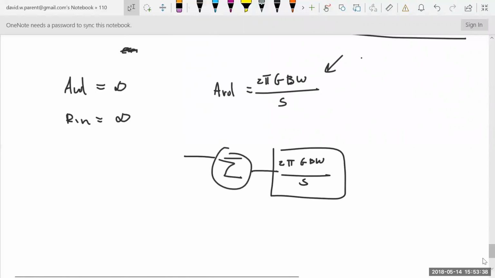All right. So this is my positive pin. That is my negative pin. This is out.